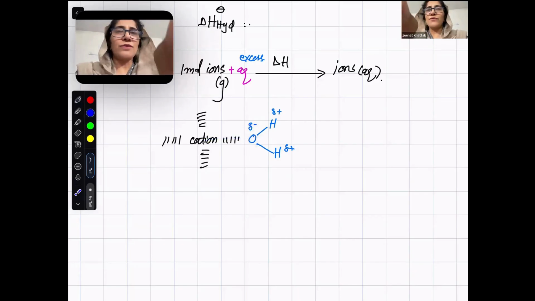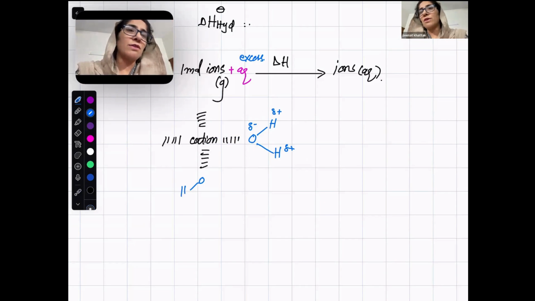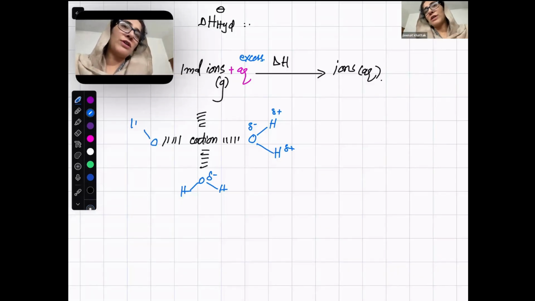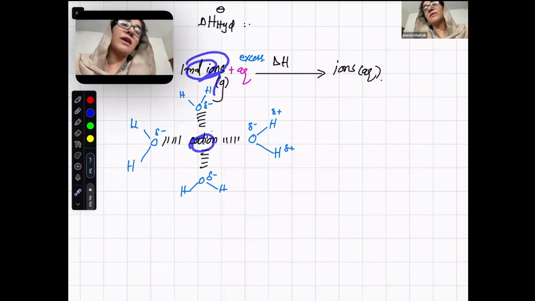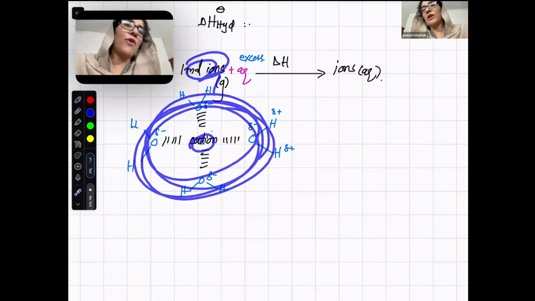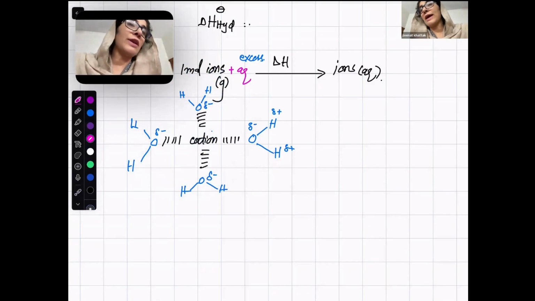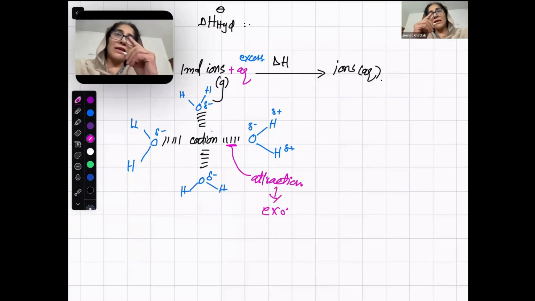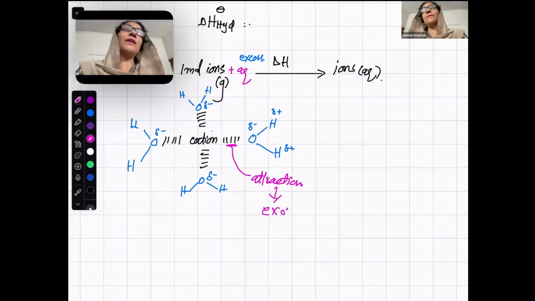And this water from every side, look, infinite dilute solution means water is surrounding all the ions in 1 mole of the ion. What is 1 mole of the ion? 6.02 into 10 power 23 ions are fully surrounded by water. The water attracts. There is attraction. And that attraction is exo. And that exo is the energy that is released when you put ions in water.